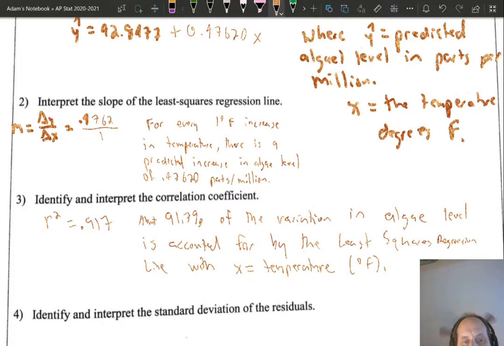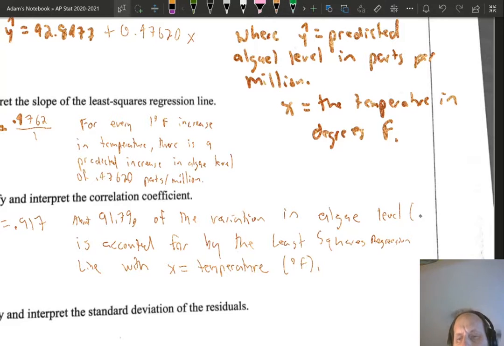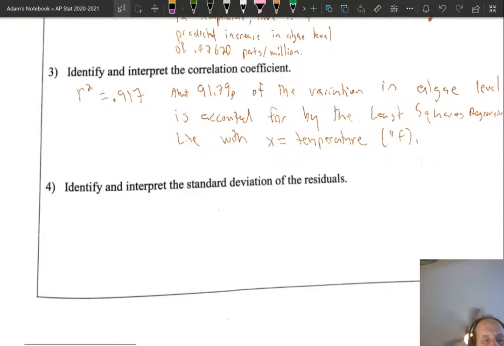That's it right there. 91.7% of the variation in algae level. You could put the units here. I don't know if that's totally necessary, but if you want to, you can.